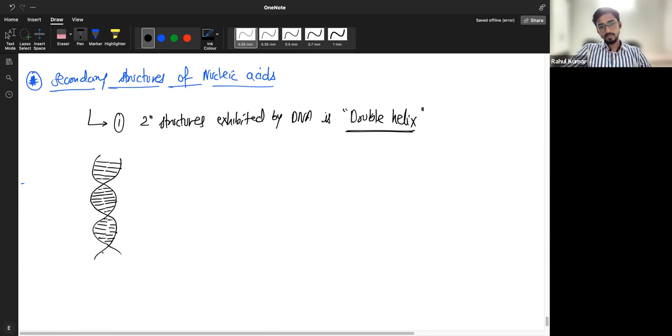This structure is called double helix structure because there are two strands and they both are helical, arranged in a helical manner, spiral manner. So this is the double helical structure of DNA.